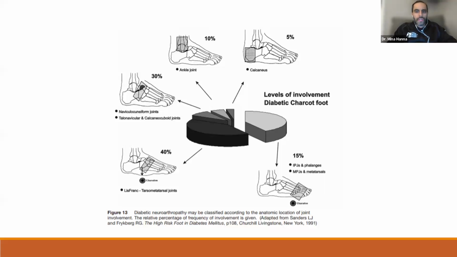So 40% involves the Lisfranc joint, which is right over here, the middle of the foot. 30% involves the Chopart's joint, which is closer to the ankle. And then 15% involves the metatarsophalangeal joints, and to a lesser extent, the heel and the ankle.